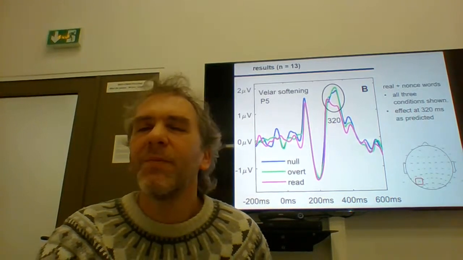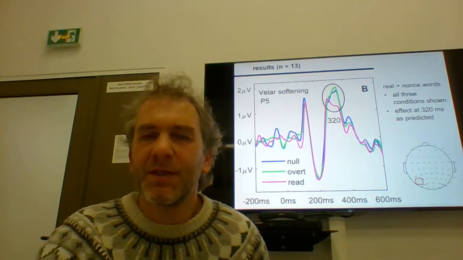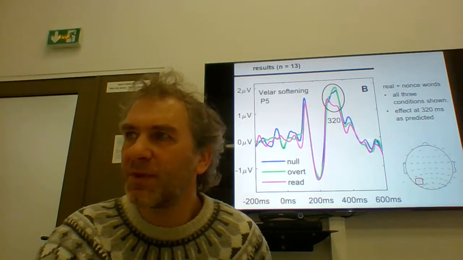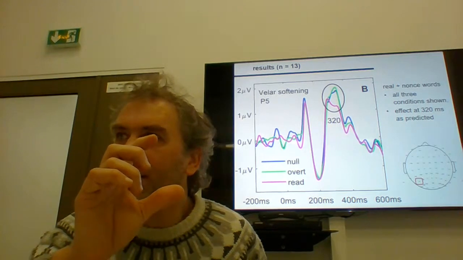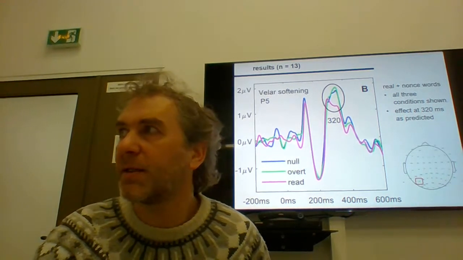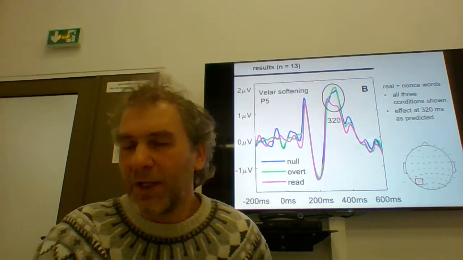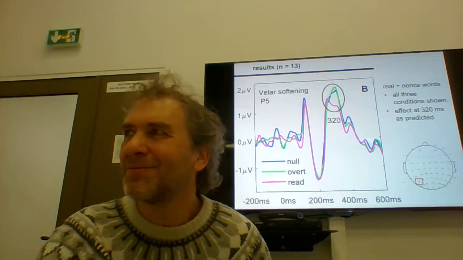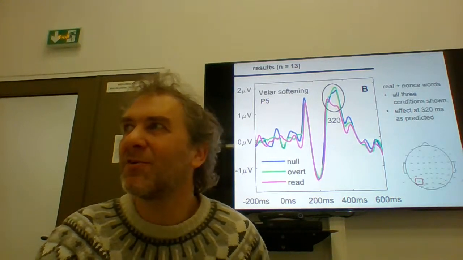But what did you do here? How did you discover that this was the place? Because there is an algorithm, a computer program that scans the 64 electrodes and shows where there are significant differences in your experimental conditions. Is that phishing? No, it's not phishing because the computer program doesn't have a hypothesis. Phishing is when you pick the electrodes that suit your hypothesis.